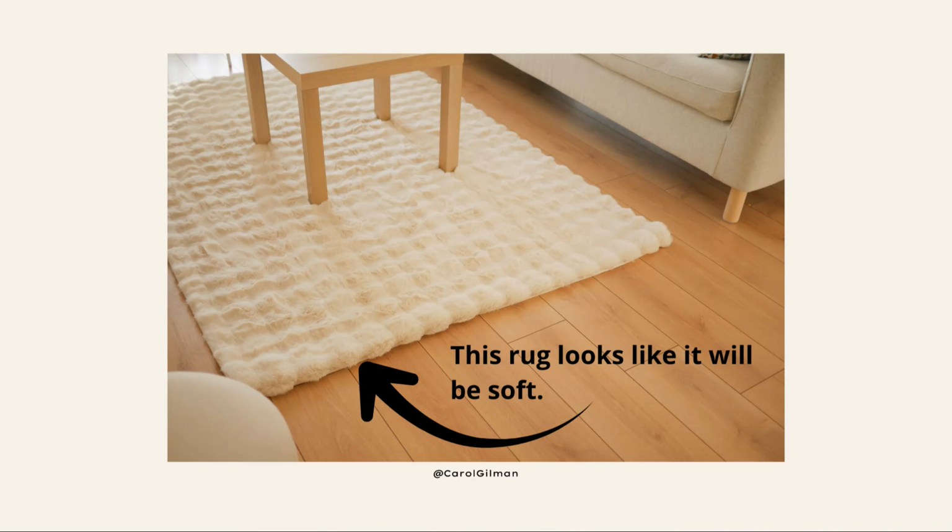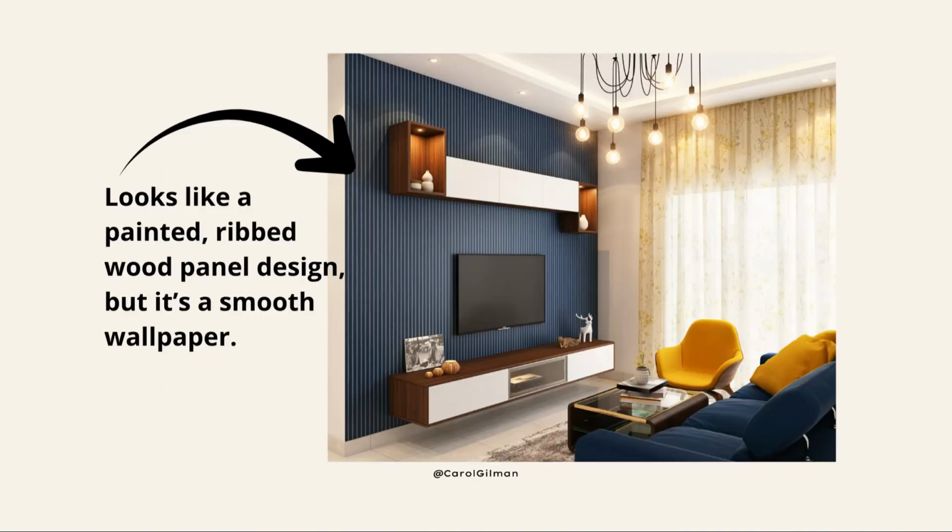Or sometimes it can kind of deceive us. If we see something that looks like it will feel a certain way, but then when we touch it, it's more decorative, that's a whole other thing and adds another dimension to texture.